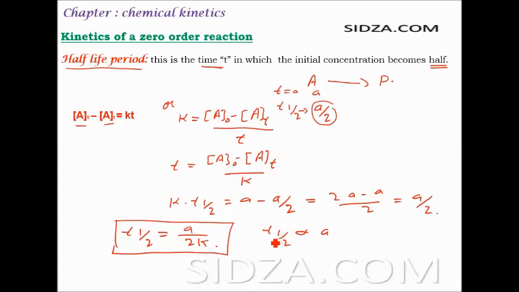But for the first order reaction, we found that the half-life period does not depend on the initial concentration. That remains the same for the first order reaction, but for the zero order reaction, it is directly proportional to the initial concentration of the reactants.